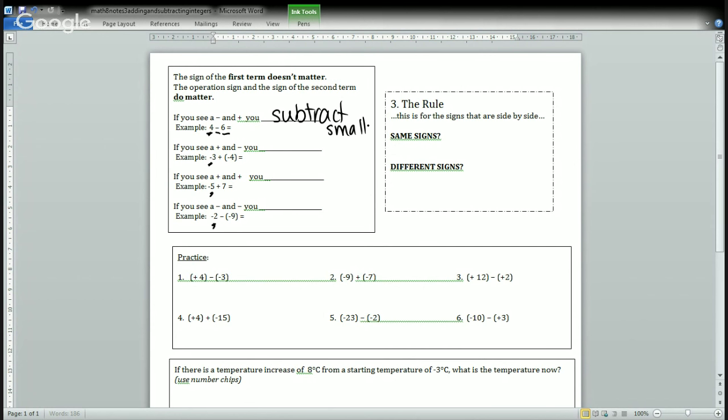Smaller, go to the left. When you see the same, again, right. And the last one about subtracting a negative, it seems weird. This is an adding where you're getting bigger and you're going right.